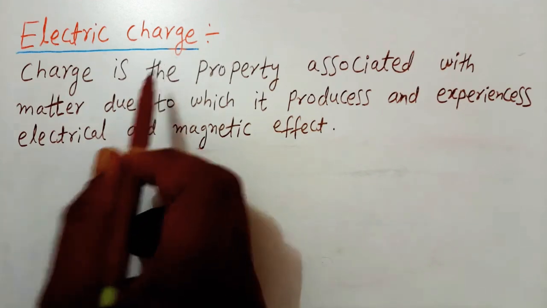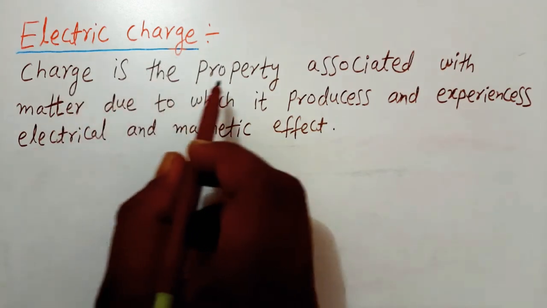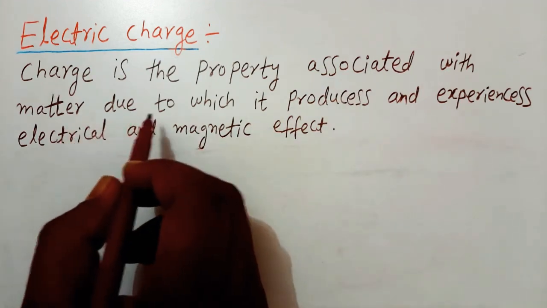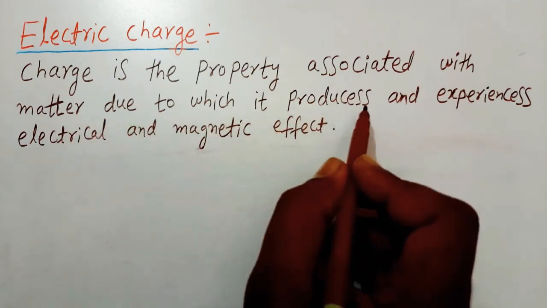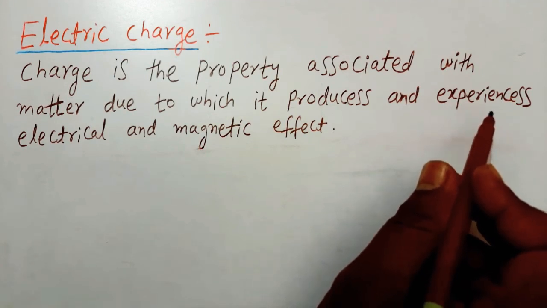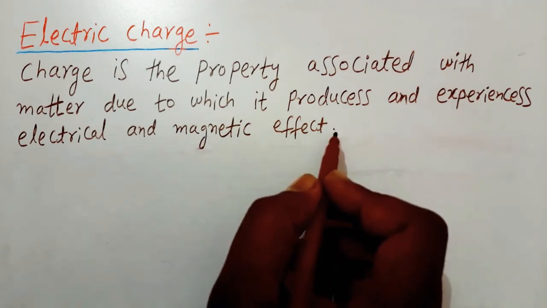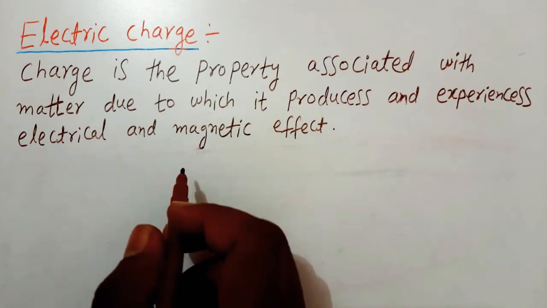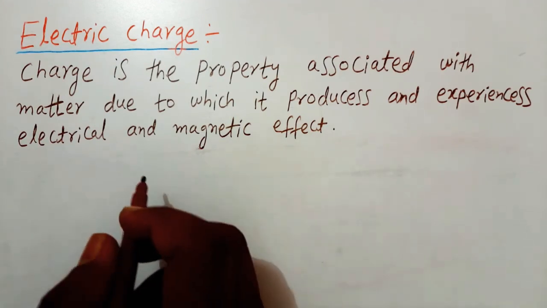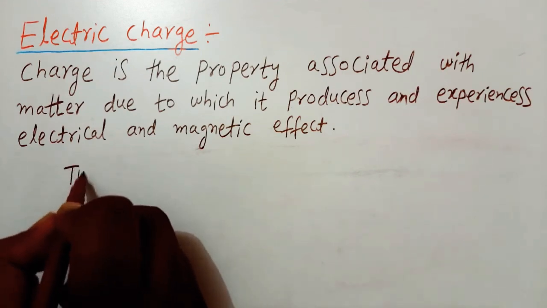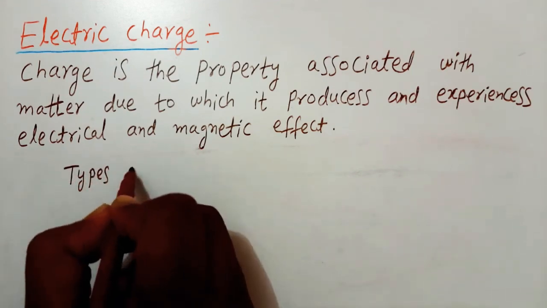Electric charge. Charge is the property associated with matter due to which it produces and experiences electrical and magnetic effect. Here we have two types of charges.